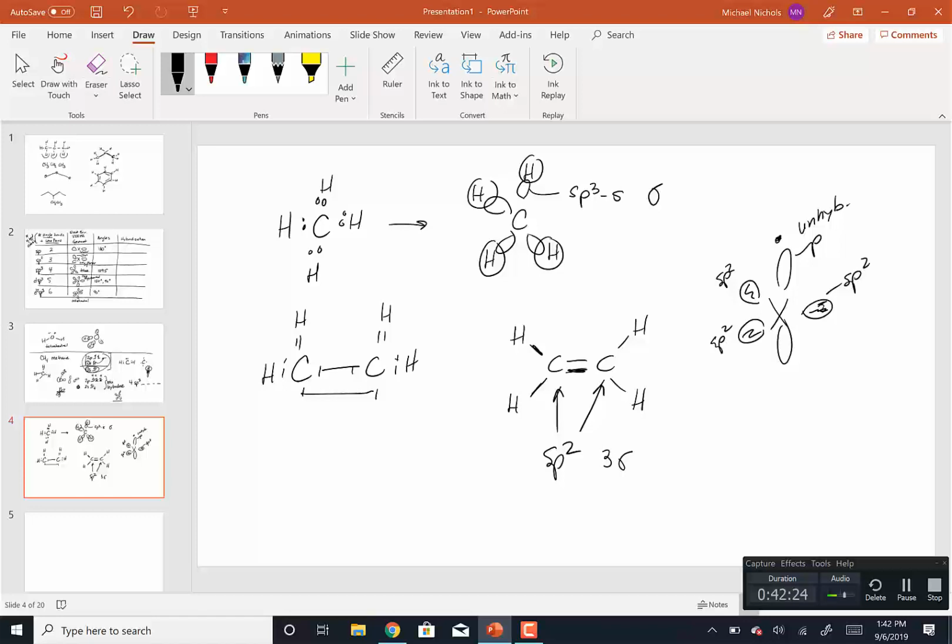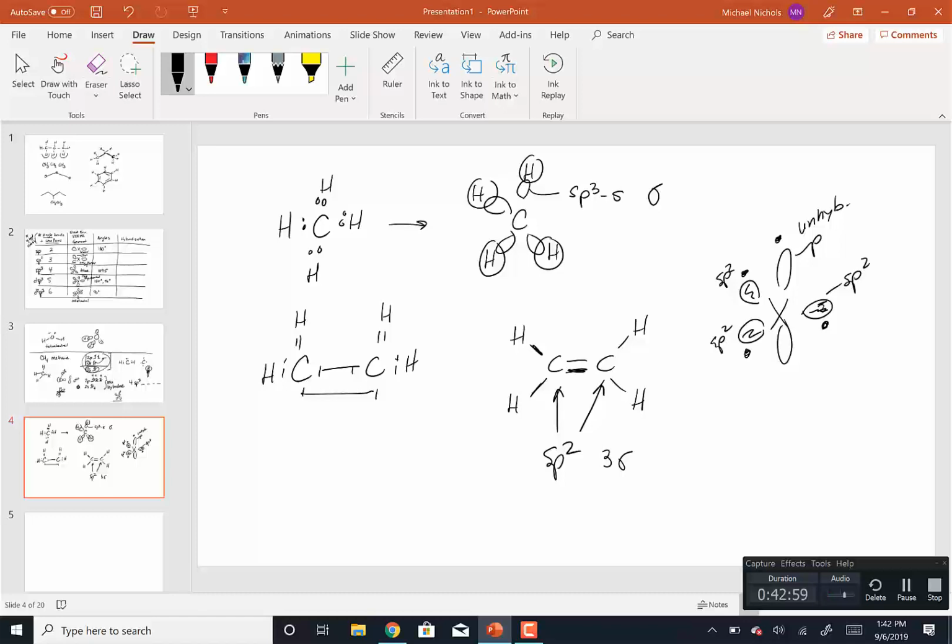I look at carbon, how many electrons do I have to place? 4. So 1 in this lobe, 1 in this lobe, 1 in this lobe, and 1 in the p orbital, which spends 50% of its time on top and 50% on the bottom. Any atom will have those orbitals, but putting the electrons into the orbitals is unique for each atom.